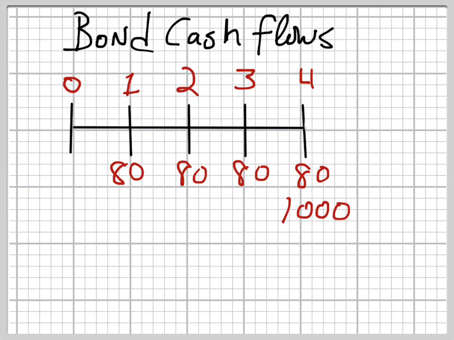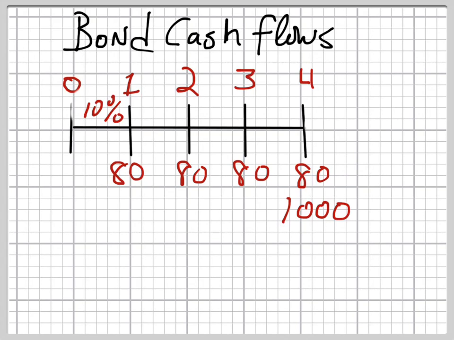Current rates on similar risk bonds we've established to be 10%. Now, if you know anything about bond valuation, you know that as rates increase, bond values fall, and vice versa.